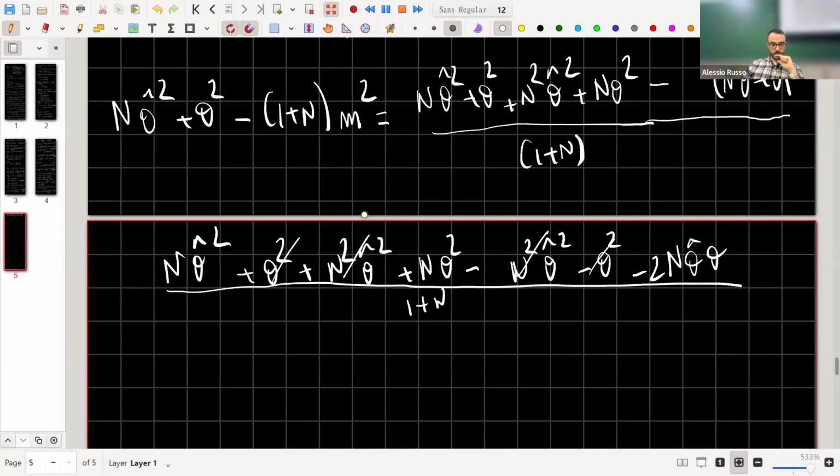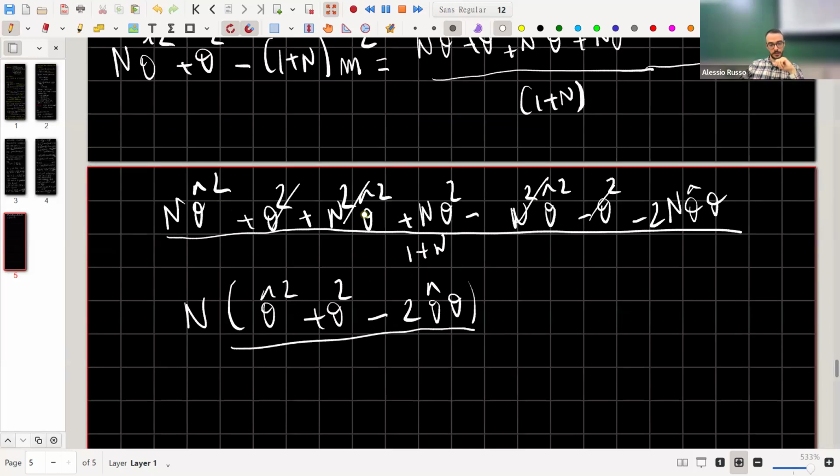So we are left with n that multiplies theta hat squared plus theta squared minus 2 theta hat theta, divided by 1 plus n. And so this is simply n divided by 1 plus n times theta hat minus theta squared. Like black magic.